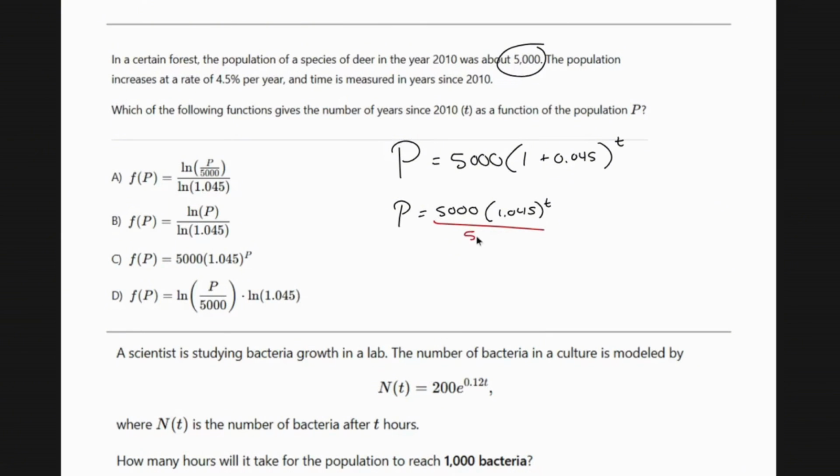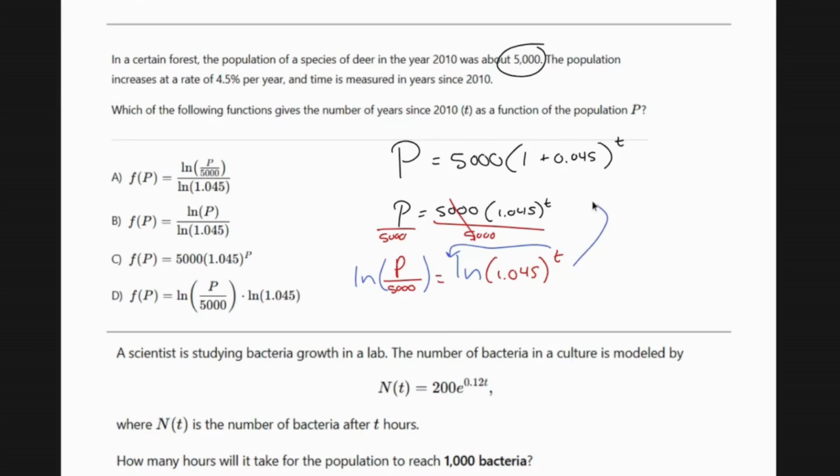Let's divide everything by 5,000. We get P over 5,000 equals 1.045 to the t. Now that's a lot of ln's. So I guess we're just going to ln both sides. That allows us to then drop this t forward.